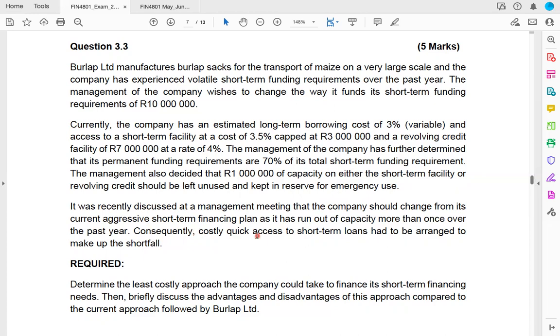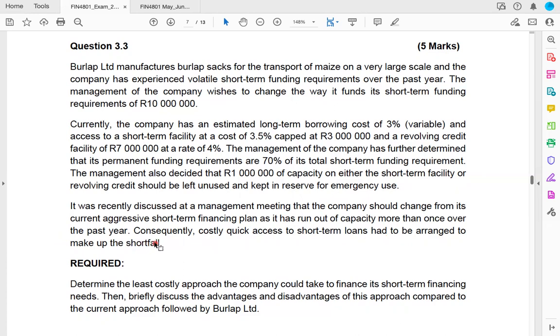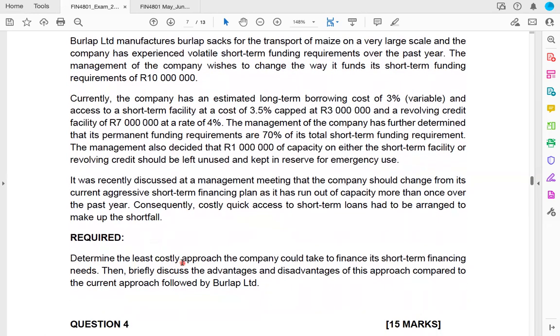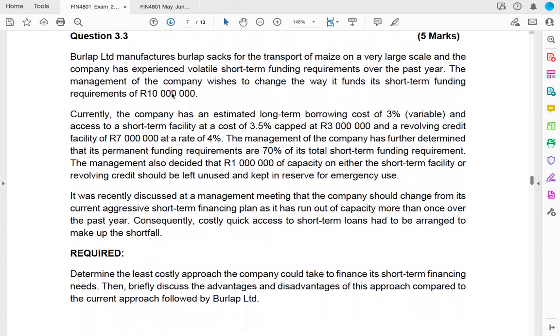Consequently, costly quick access to short-term loans had to be arranged to make up the shortfall. Determine the least costly approach the company should take to finance its short-term financing needs. Then briefly discuss the advantages and disadvantages of this approach compared to the current approach followed by Bell Limited.